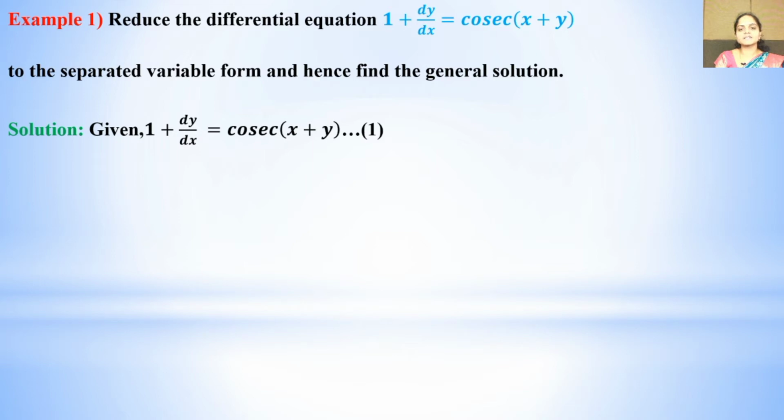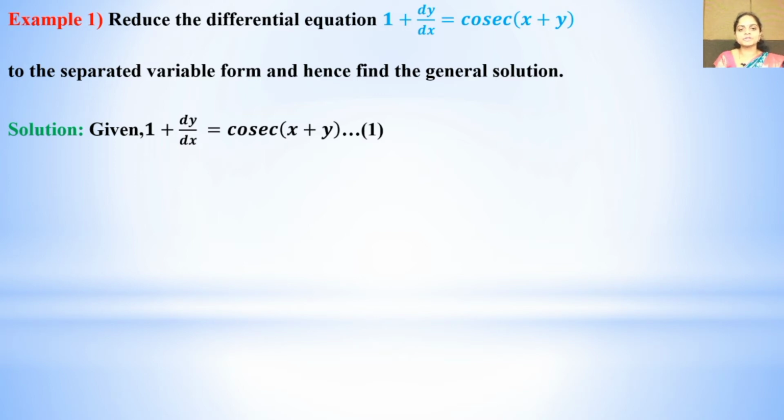Students, this example we cannot convert directly into the variable separable form, but in this example there is a term x plus y which is enclosed in a bracket. If we substitute x plus y with a new variable, then we can convert the example into the variable separable form.